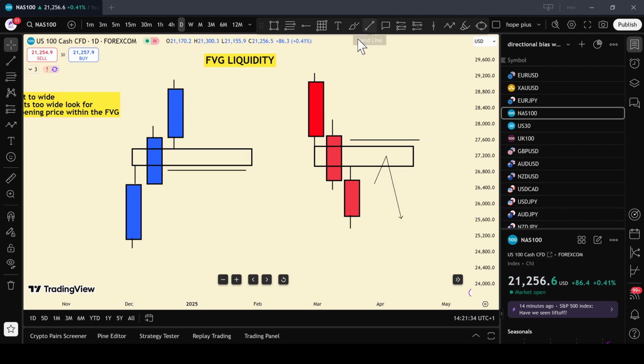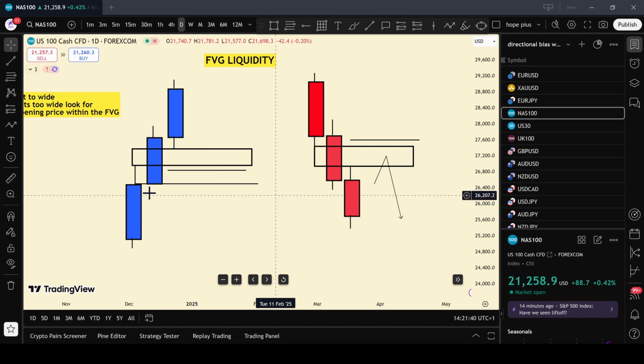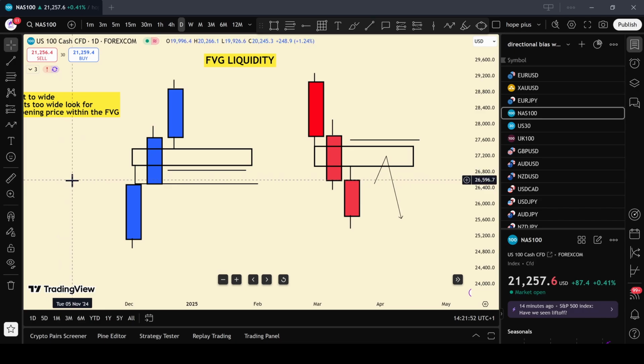So what I do is simply locate the opening price that is closer to the fair value gap. It may not be this particular opening price. If you look to your left, there might be another opening price that is closer to it. I use that as my entry.